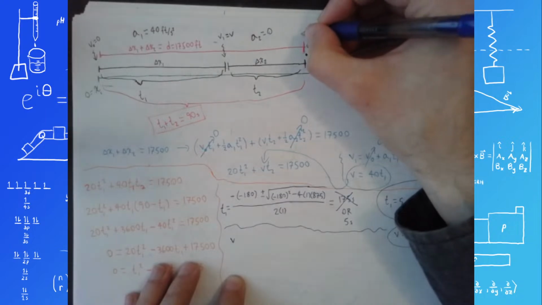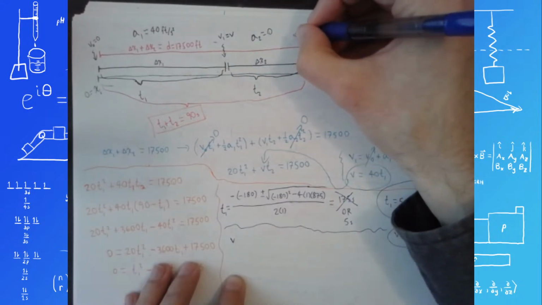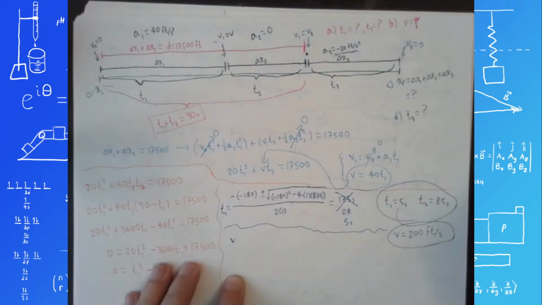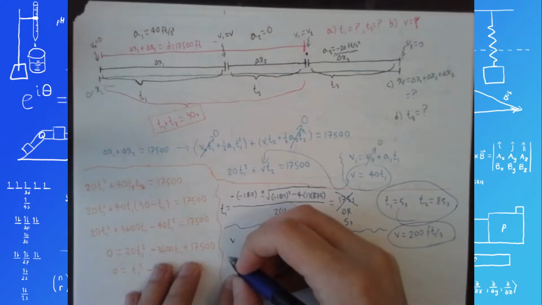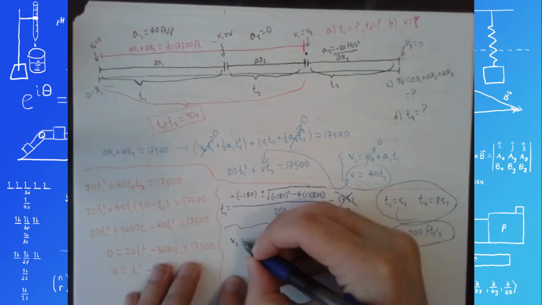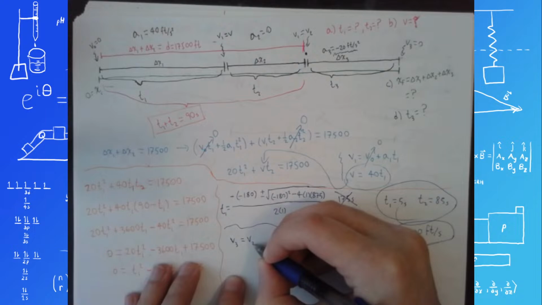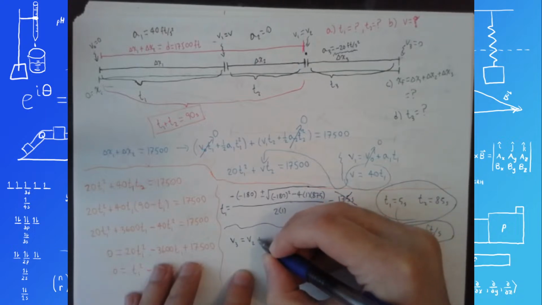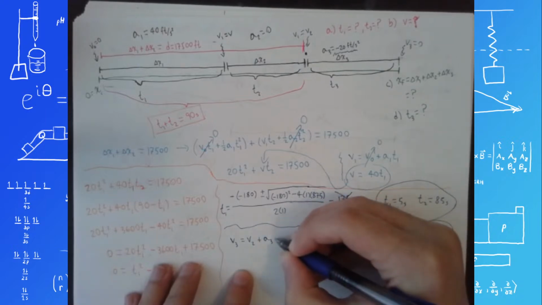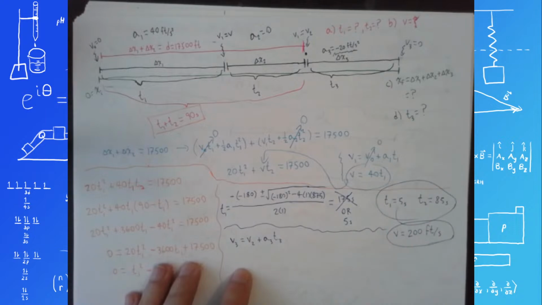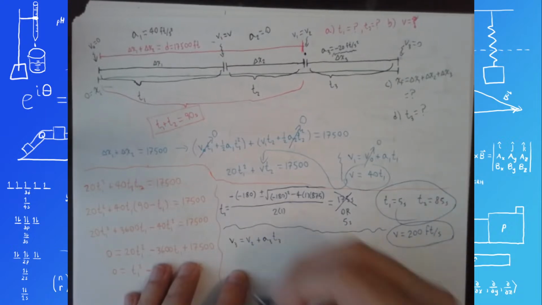V2 is just equal to V1 is equal to V. So V3 is equal to V2 plus acceleration of phase 3 times time of phase 3. Oh, actually, this is not the right equation to use. I'm solving part D. Okay, I mean, we can solve part D first. That's not a problem.